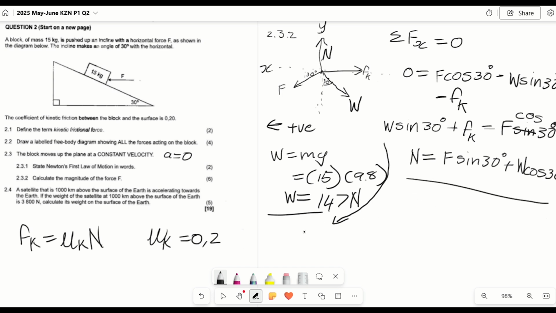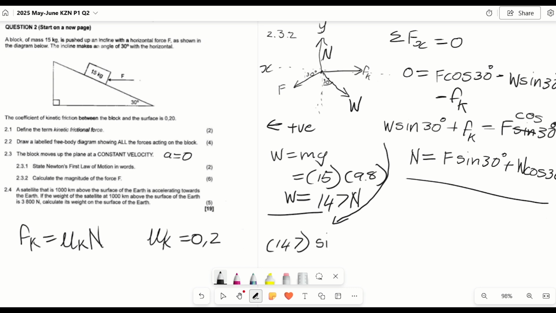So let's do that. W equals 147, so 147. Then we have sine 30, which I can calculate now. Actually, we'll calculate that all together. I think that'll be easier.